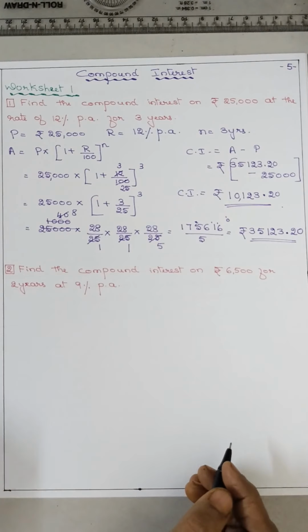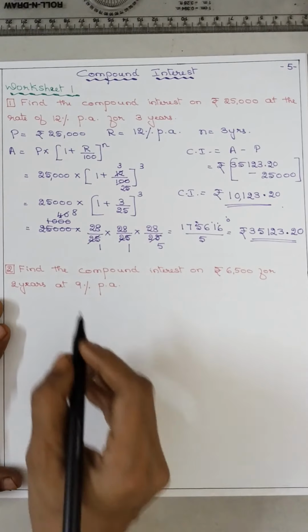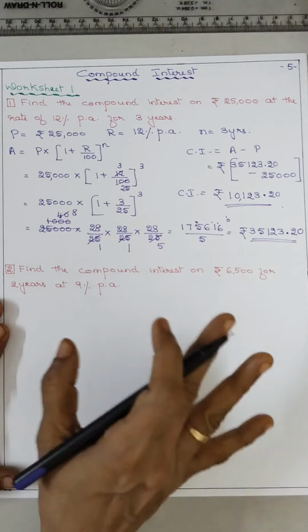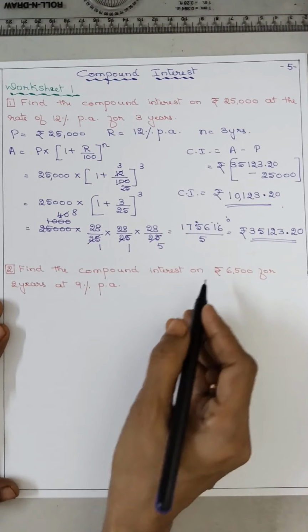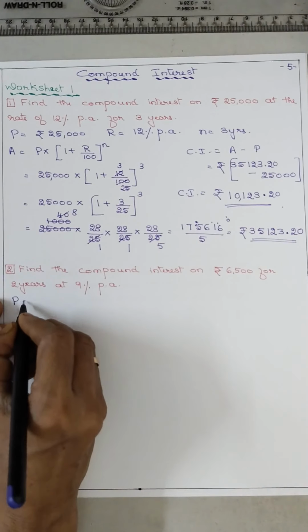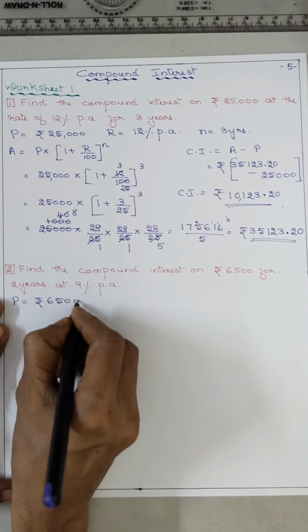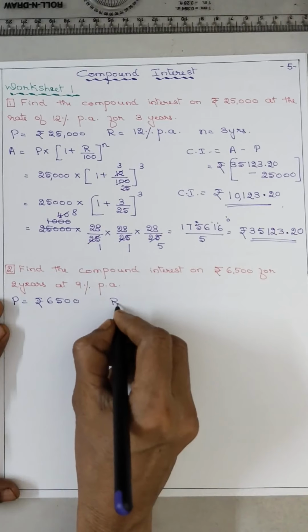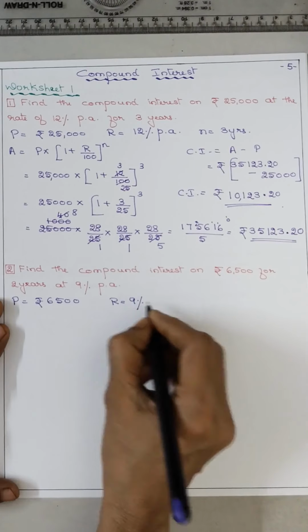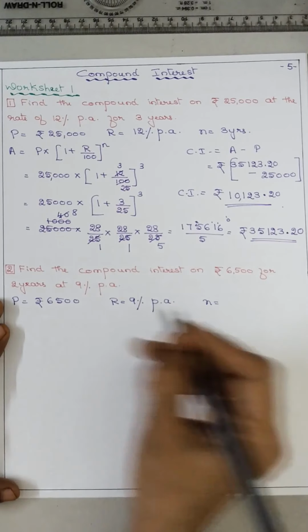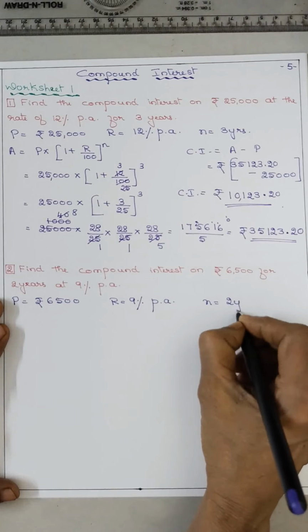Now coming to the second sum. The compound interest on... whenever they say compound interest, you have to use this formula. So P is equal to rupees 6500. The rate of interest is 9% per annum, and time here n is equal to 2 years.